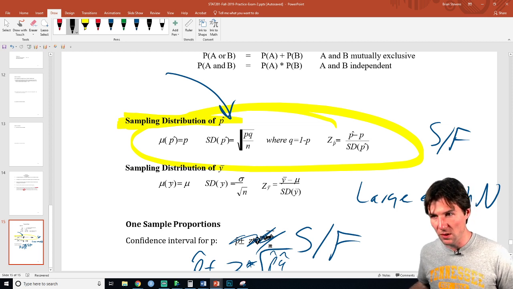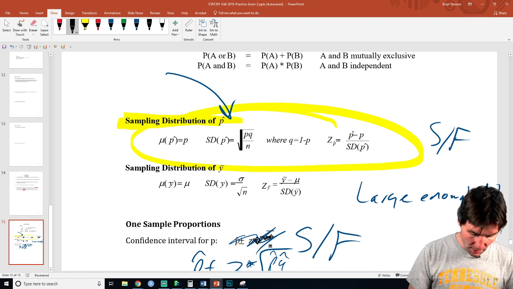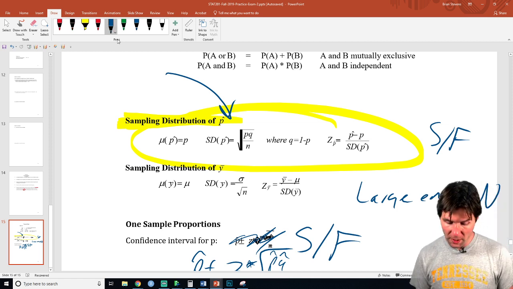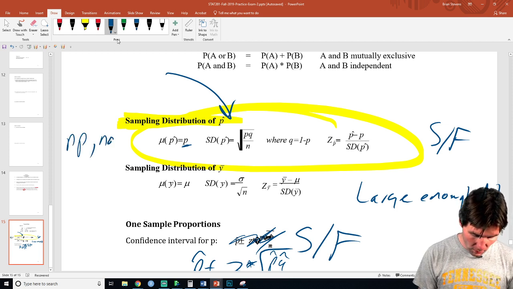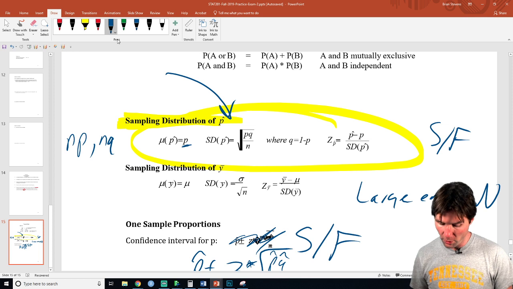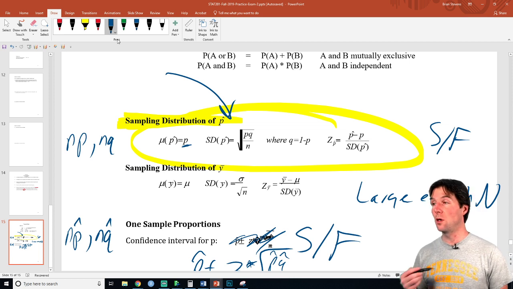Quick question, what's the difference between success failure and NP? Good question. In this one you know P, so you do NP, NQ. But in this one you don't know P, so you use NP hat, NQ hat. When we make a confidence interval, we don't know P, so you use NP hat, NQ hat.